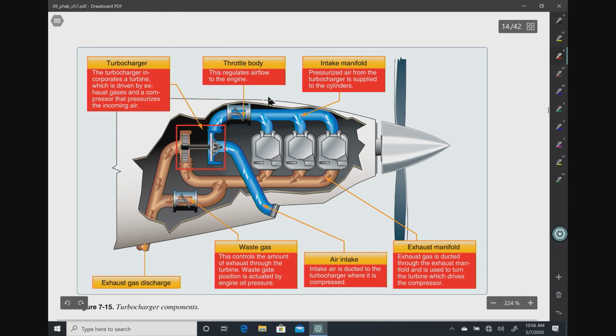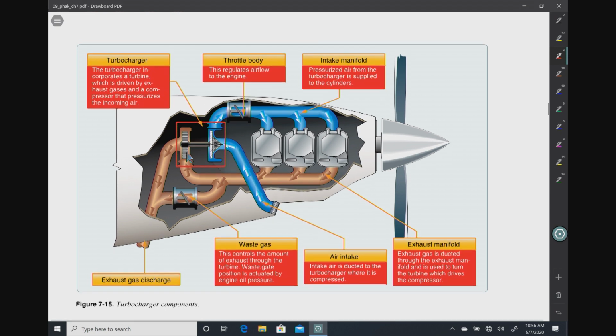It gets compressed. It gets forced into these cylinders, better combustion, and then the exhaust gases get pushed out. The exhaust gases actually are the things that drive that turbine. So you can control this. The pilot can control the amount that is actually being forced into that engine.